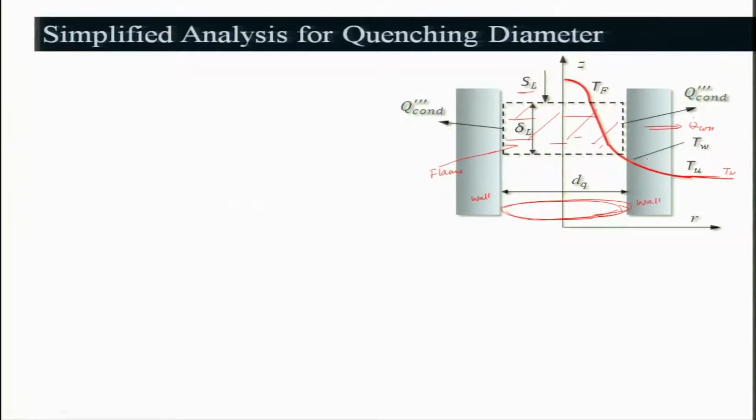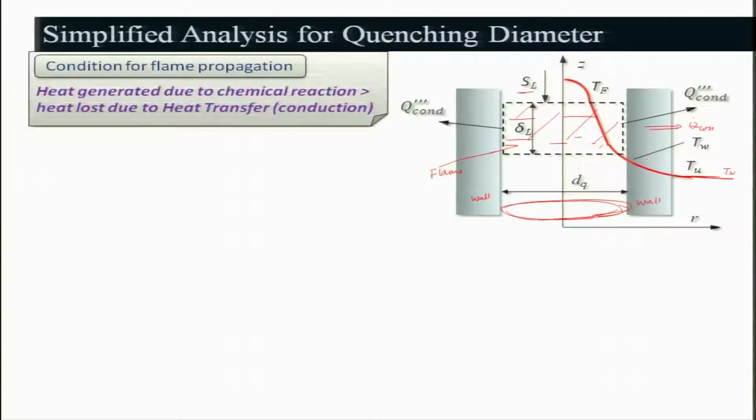With this assumption, we will look at the condition for flame propagation. Flame will propagate provided the heat generated due to the chemical reaction in the flame is greater than the heat loss due to heat transfer. Heat transfer can take place due to radiation and convection, but here we are talking about the wall.